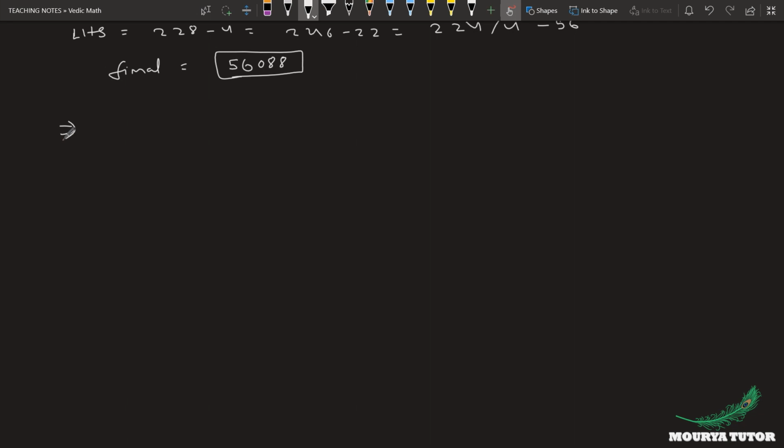Do it in your mind only, and the remaining thing you can do on your paper. Like that you don't need much space for the multiplication, right?